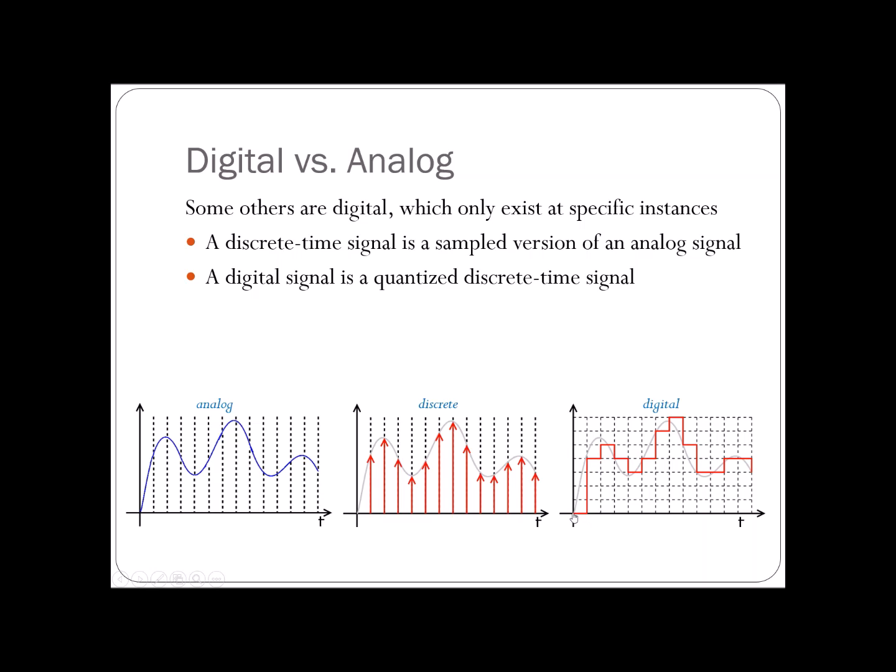So when you sample it for the first time, you hold it until you arrive at the next sample time, and then you record this point, and hold it until the next one. You come to this point, you record it, you hold it, and so on and so forth. So you have a stair-like signal here.